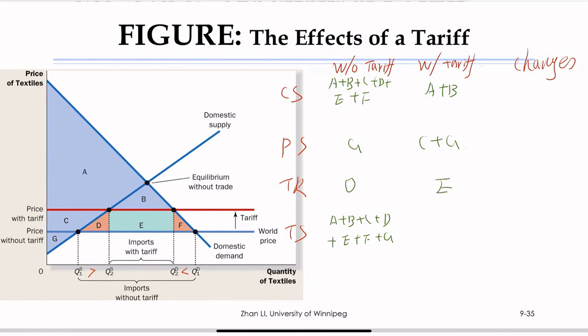So the total surplus is given by A plus B plus C plus G plus E. Now let's look at changes. You can see that consumer surplus will decrease by C plus D plus E plus F, right?